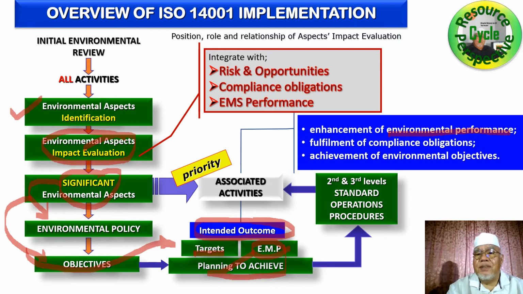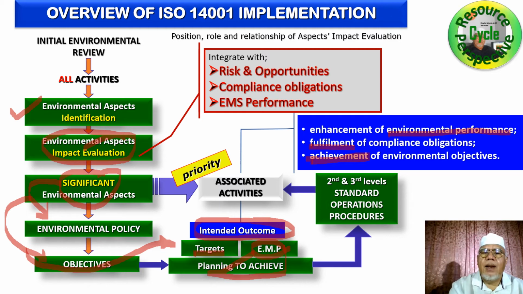It has got to reflect our commitment to fulfill compliance obligations to all interested parties. And we have got to indicate somewhere in our document that we want to achieve our environmental objectives and that we achieve them. All right, it's not just on paper, it's all about practice, it's all about due diligence. This is a quality environmental management system standard.